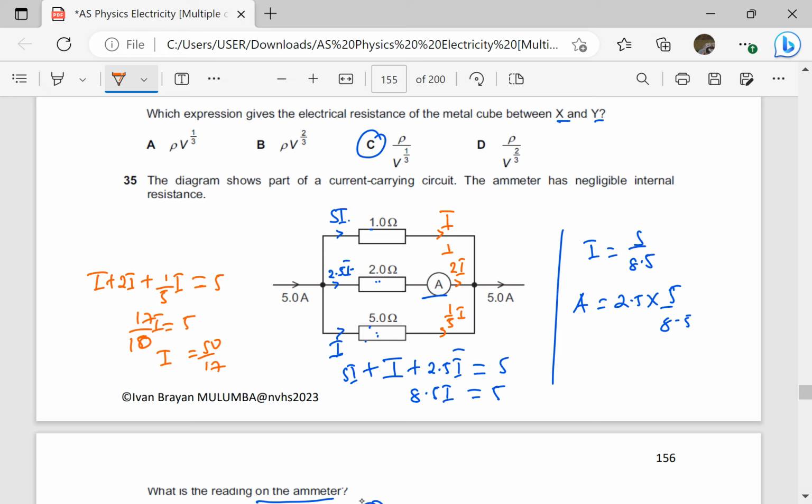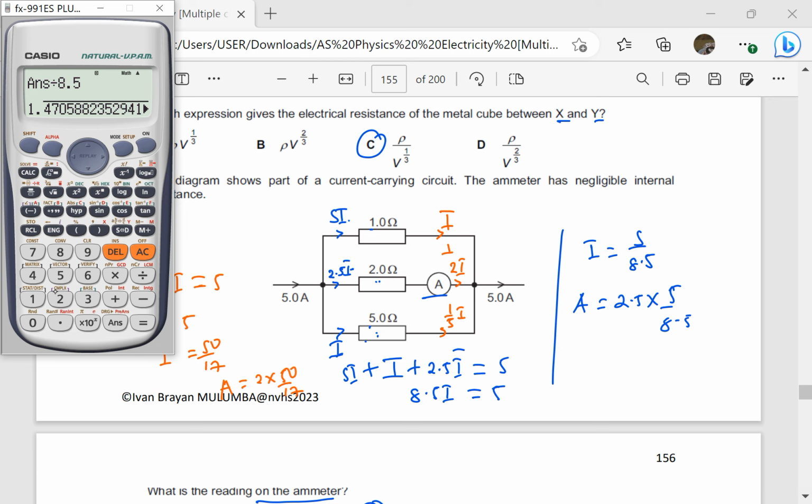But then it means the ammeter reading is twice I. So the ammeter reading will be 2 times 50 divided by 17. 2 times 50, that is 100.